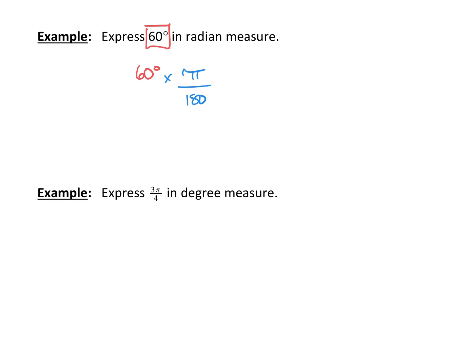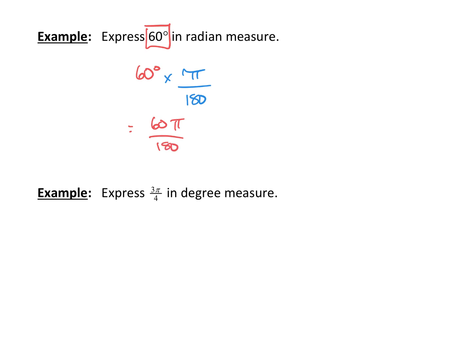We just found out that pi is 180, so really we're multiplying by 180 over 180, which is 1. We're not changing the value, just multiplying by pi over 180. When we do that, we get 60 pi over 180.